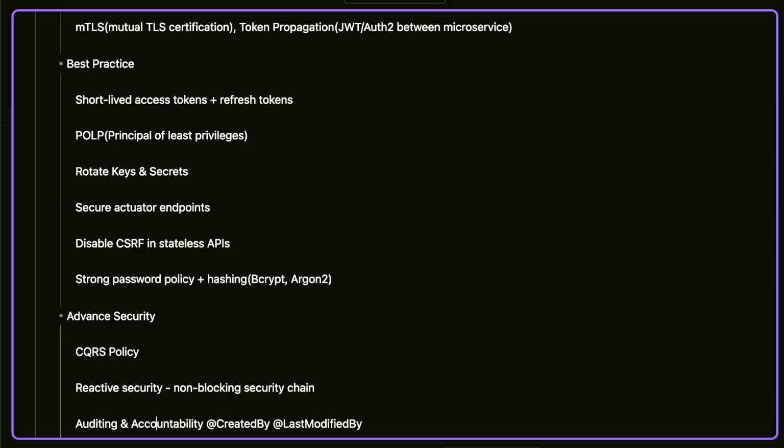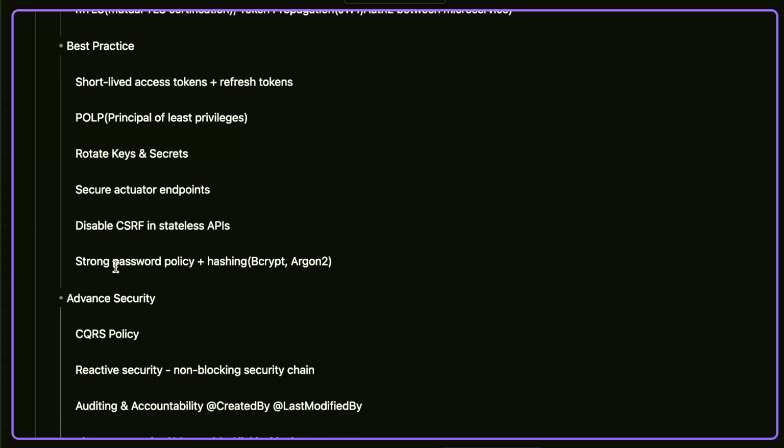Then we have actuator endpoints, where we prevent unauthorized access to sensitive application information and management operations. We can also disable the CSRF token in stateless APIs, where we are using JWT token based stateless authentication. We also have to implement a strong password policy with hashing algorithms like bcrypt or argon2.